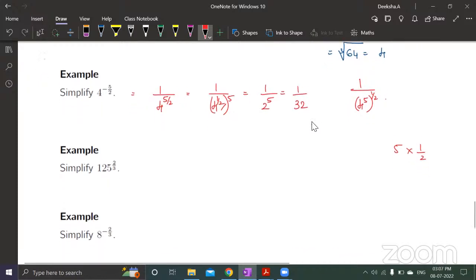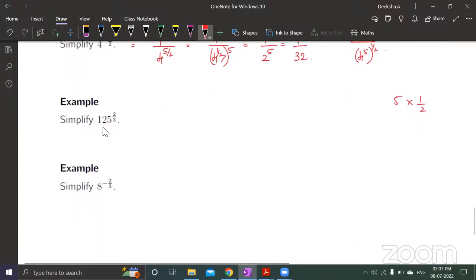Okay. Now the next question. 125 power 2 by 3. Here the power is positive, so there is no need to shift it from numerator to denominator. Now let us just split this power. Like I told you earlier, which one are we going to apply first? We'll first apply the fractional power to reduce the number.